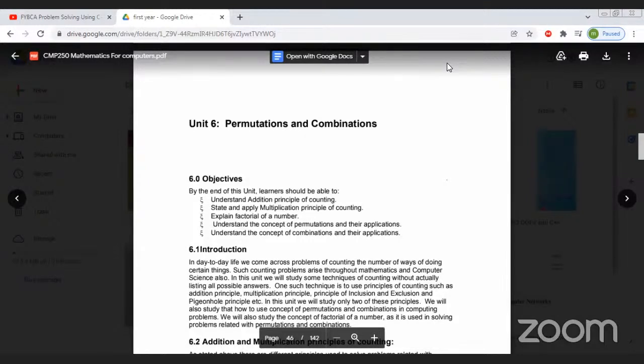Here, the main concept is that if you're placing A on the first place, it should be on the first place only. You can't shift it towards the second place. But combination means you need to select, you need to choose, whether it may be letters or numbers or balls or men and women and so on.